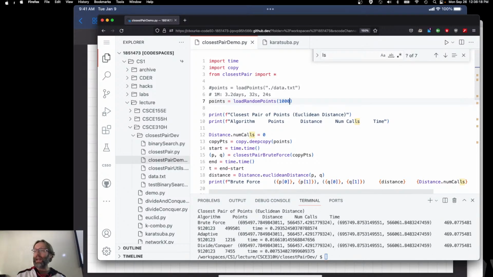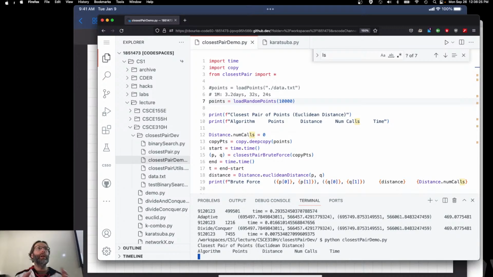If I go up to, say, 10,000, right, then I'm going to have a quadratic blow up here. So in other words, 10 times more, that's 100 times slower, roughly. And if it was a quarter second before, that's going to be 25 seconds now, right? Or thereabouts. And it ran first, so that's what we're waiting on here.